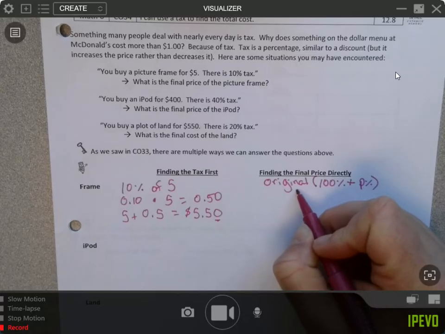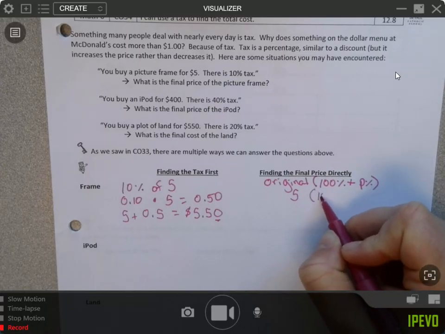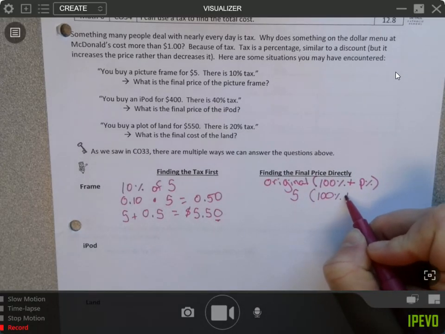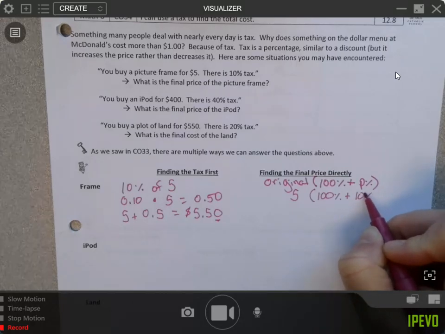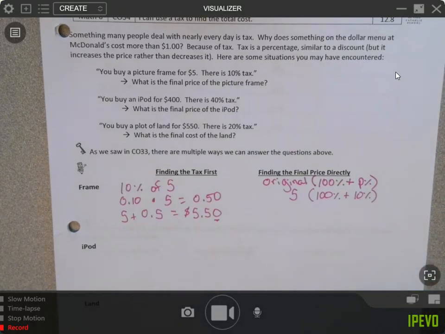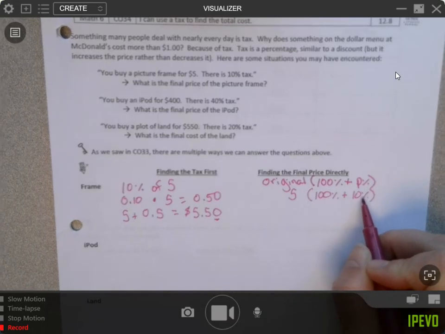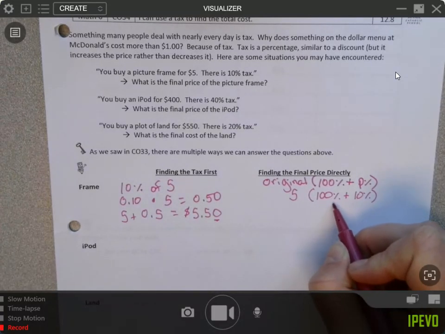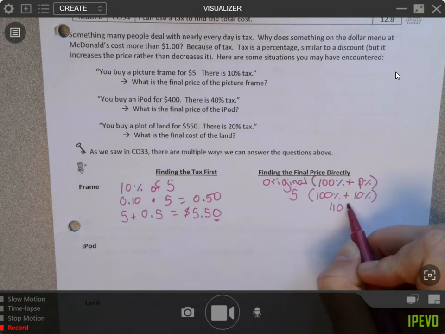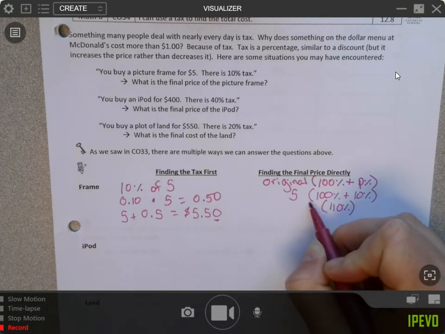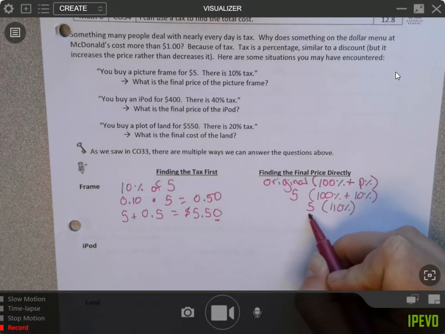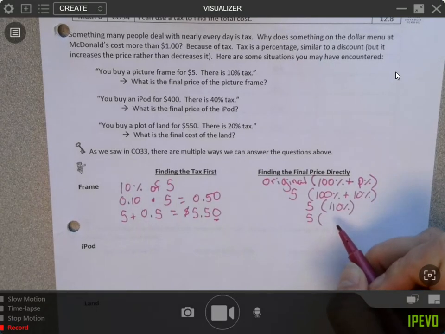We have our original is $5. Inside we have 100% plus 10%. So what's our first step that we do, Adeline? Yeah, we're going to do inside the parentheses. We're adding it. So that becomes 110% times that 5.